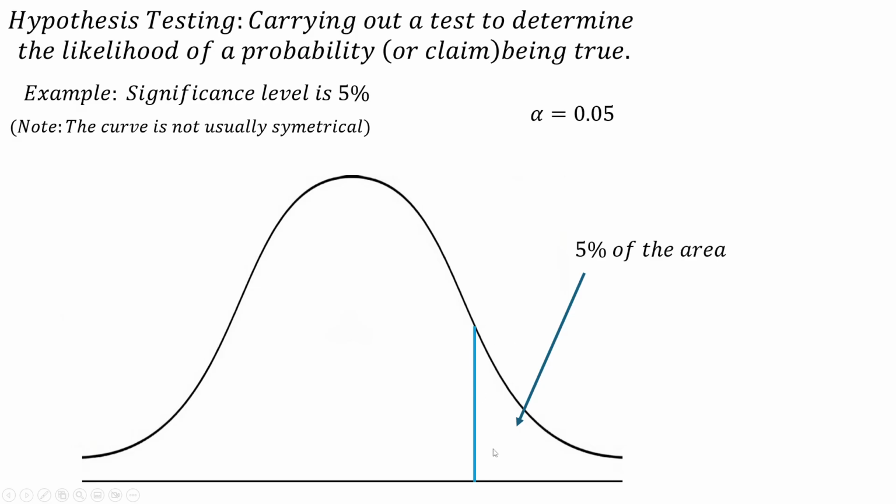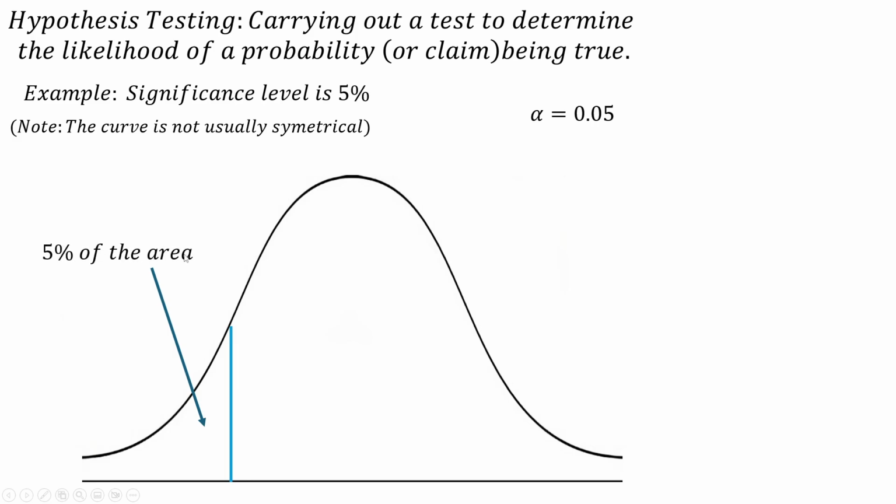So this here is 5% of the area, which means that this here must be 95% of the area under the curve. This does actually go down and touch the x-axis, but it's just goofy. We might have it be on this side, so this would be the 5% of the area, so that would be the significance level here, and then this would be 95% of the area.